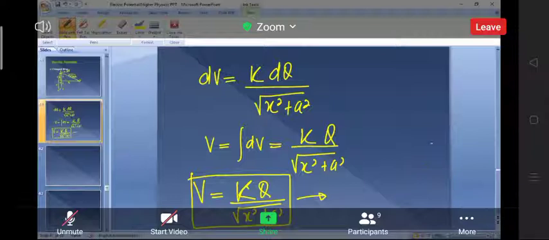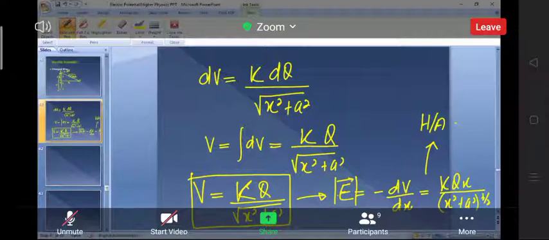You can do it as a home assignment. First calculate the potential, and then taking its negative gradient you can calculate the electrostatic field. This is one more way by which we can calculate the electrostatic field. One is integration, another is the negative gradient of the potential.